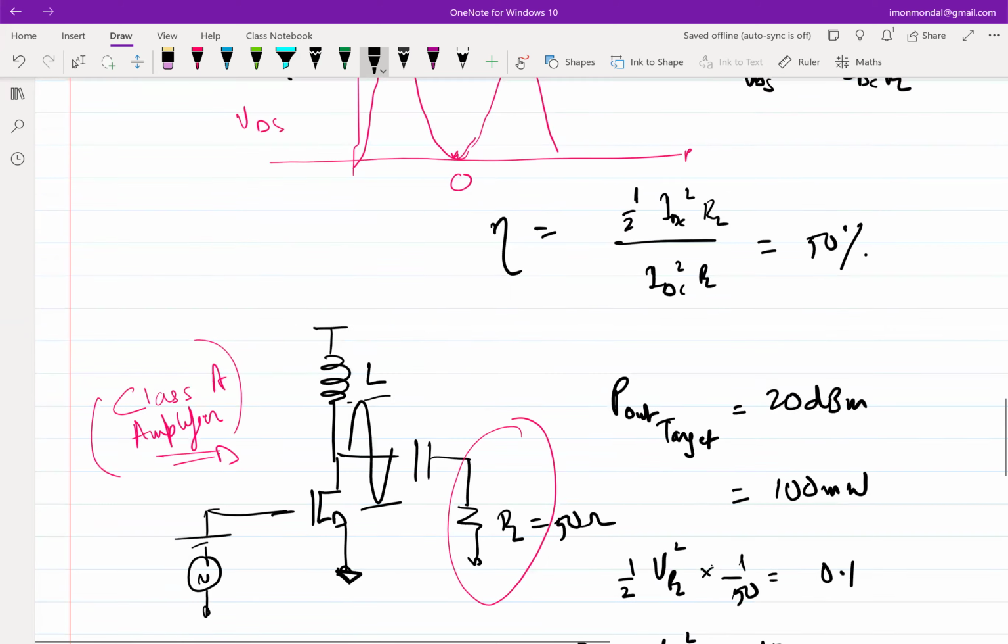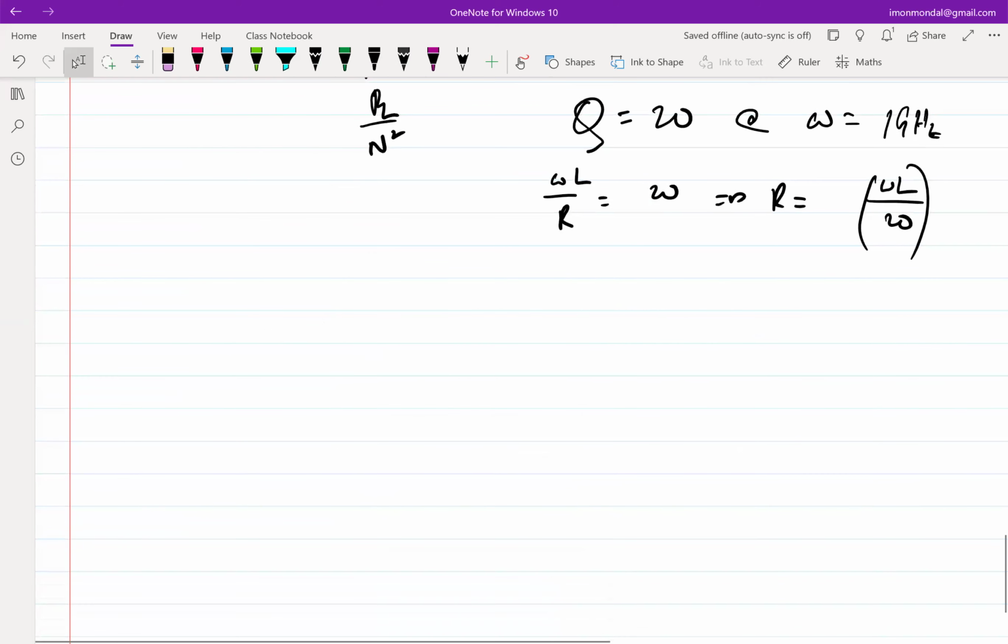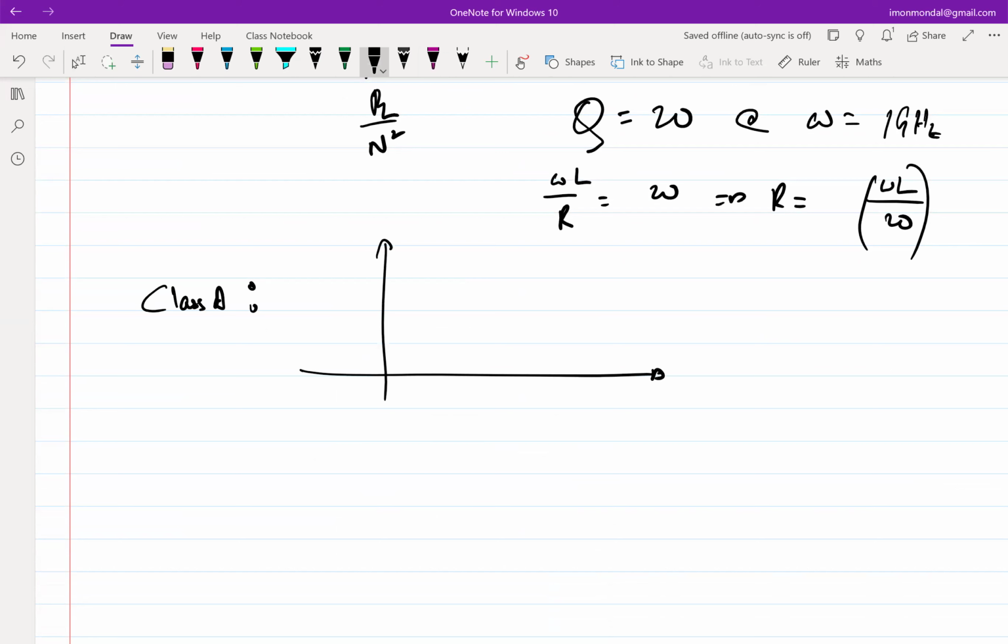If I just plot it here for class A, your IDS is maybe something like this, and your VDS is something like this.